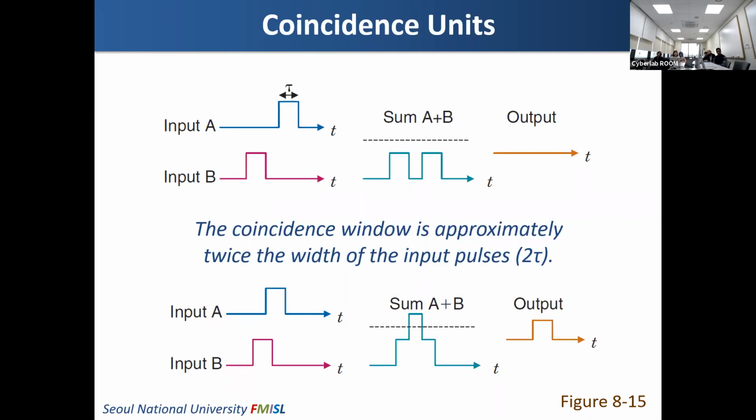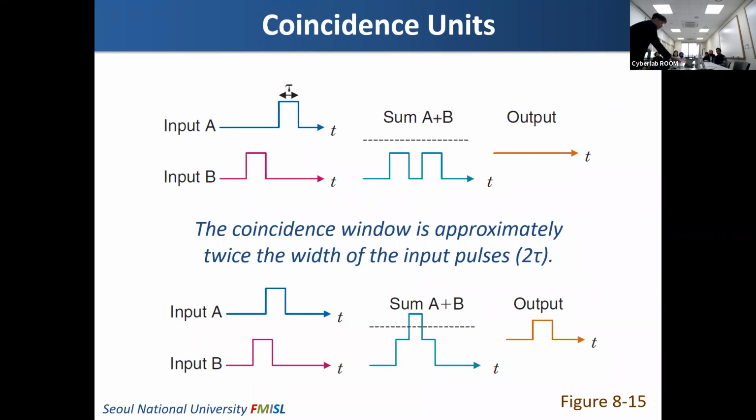In that case we should use much longer pulses, and then it will make random coincidences.